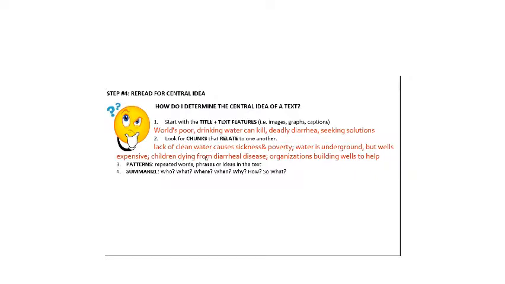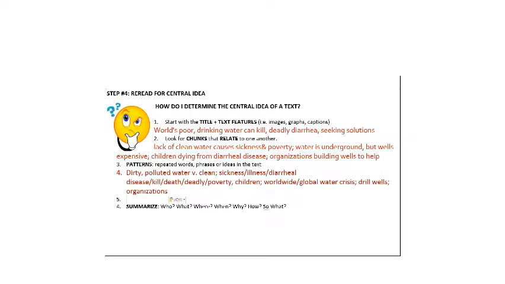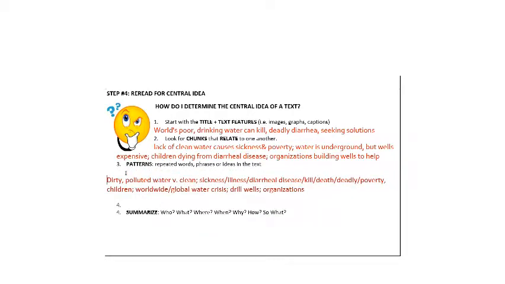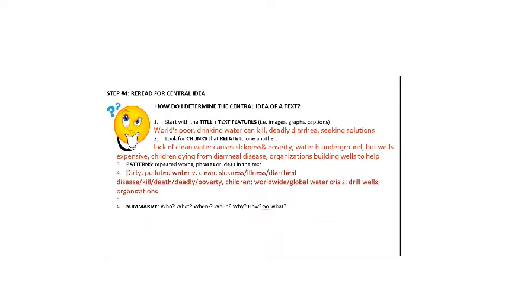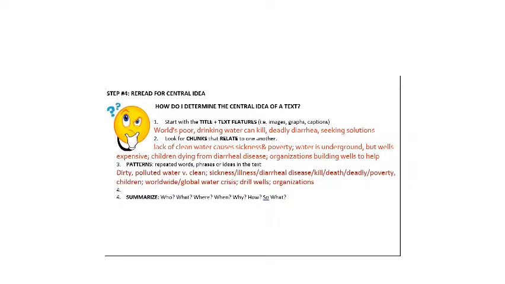So I went down to my patterns here, and I'm going to add in those words: dirty, polluted versus clean. And then I continued doing that in the text, and I found all these other references to sickness and illness. I also then started finding diarrheal disease, kill, death, deadly. We already had poverty.